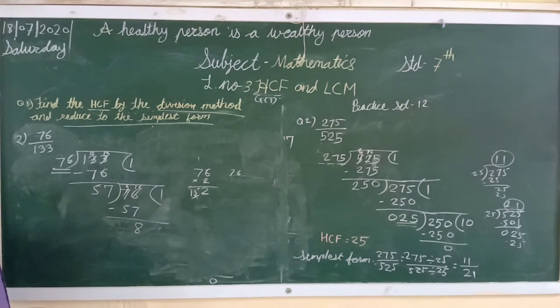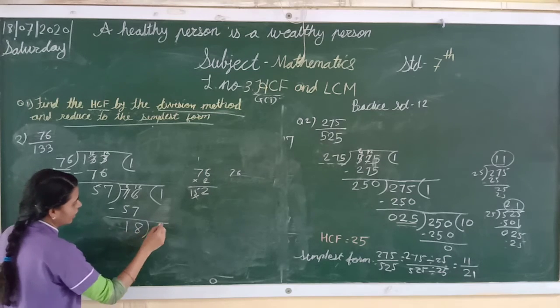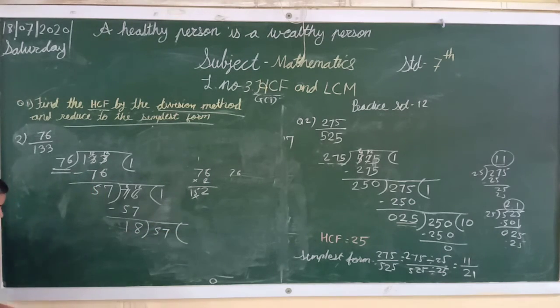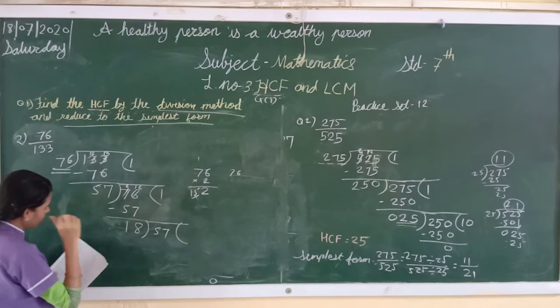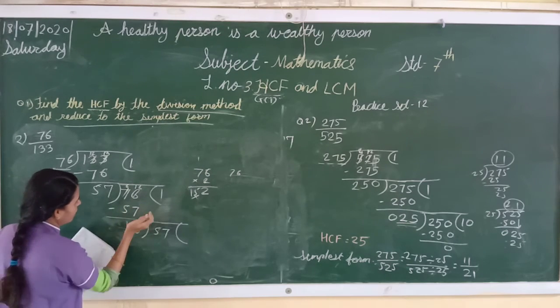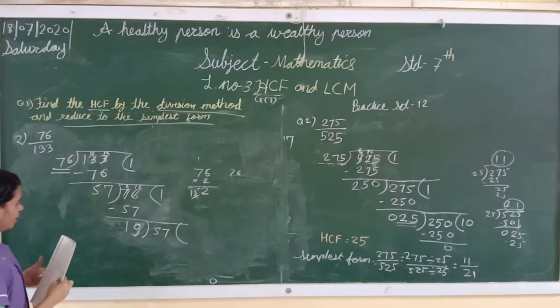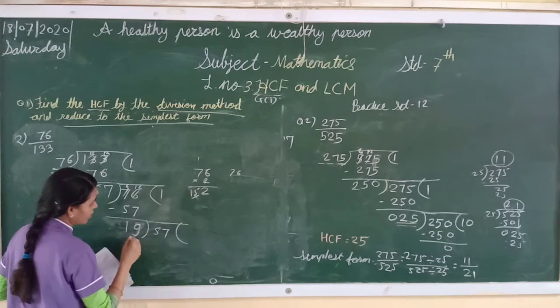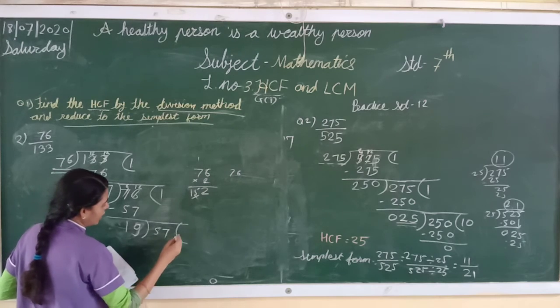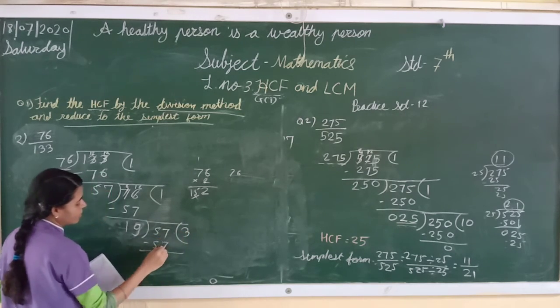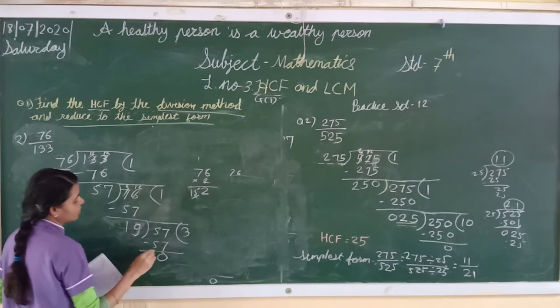And 6 minus 5, 1. 19. How much, students? 19 threes are 57. 57 minus 57, 0.